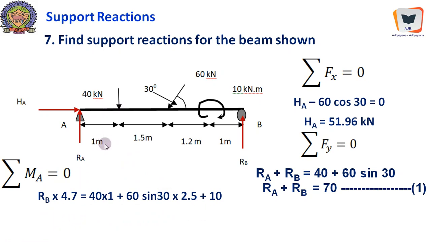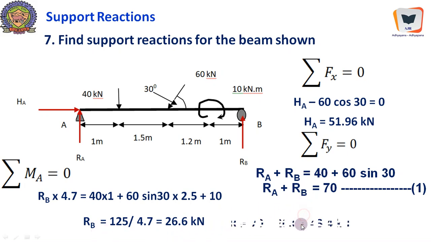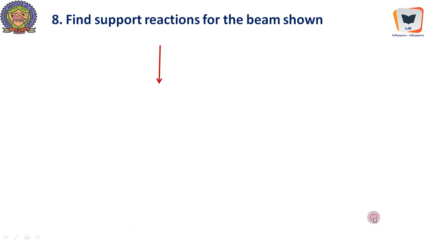So this is 40 into 1 moment arm, clockwise moment, 60 sin 30 into 2.5, 1.5 plus 1, that is the moment arm, plus 10, a readily available concentrated moment. This will give us RB equal to 125 divided by 4.7, that is 26.6. And when we substitute the value of RB, we get RA. Therefore RA is 43.4 kN.